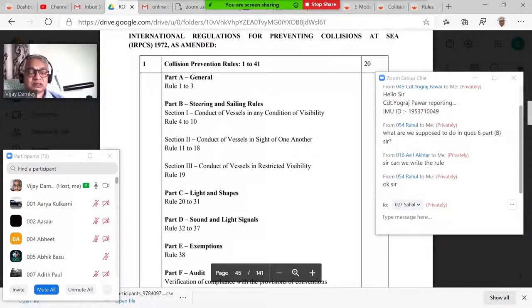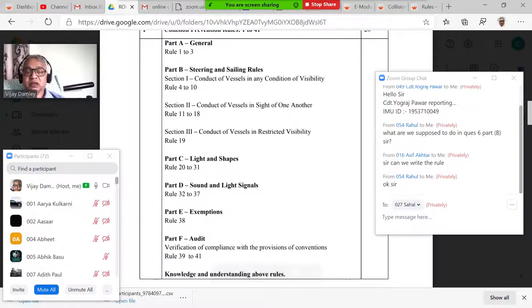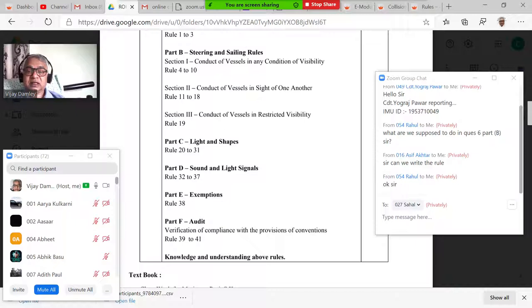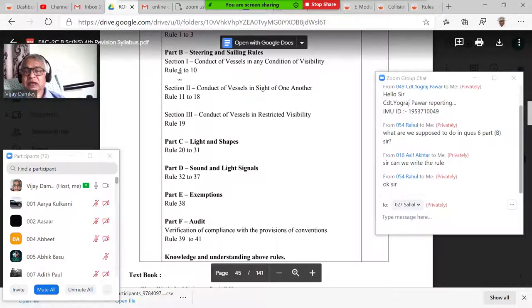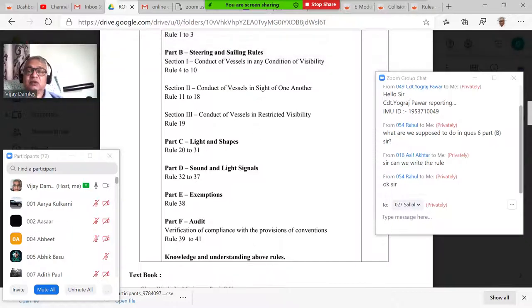This is what we were talking about, layout and summary. This page. But like you will have to put rule number 4 to 10. Section 1, conduct of vessel, rule number 4 to 10. Right. Nobody expects you to know each and every rule exactly by this, but you will know it because this is something like what we do day to day. So, this is what we are looking at.